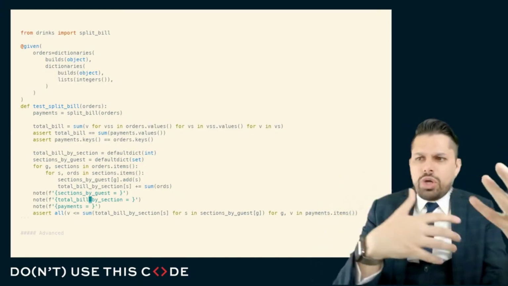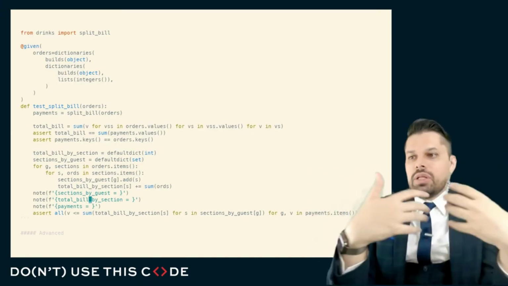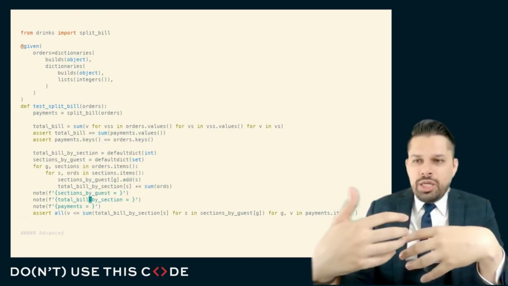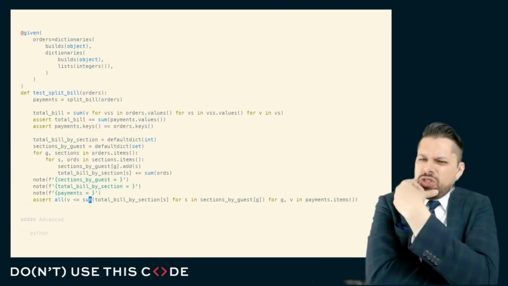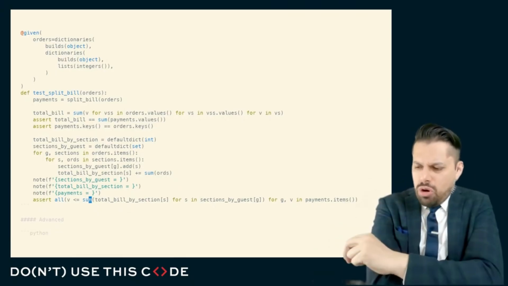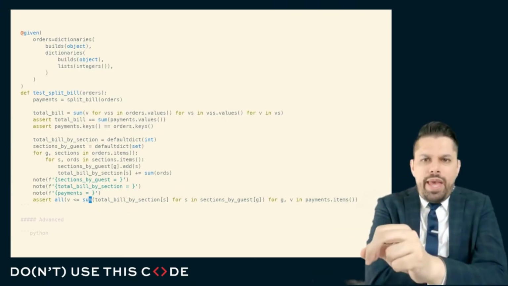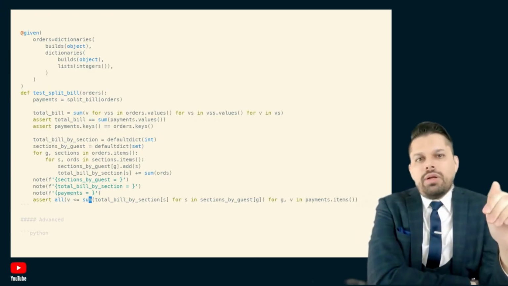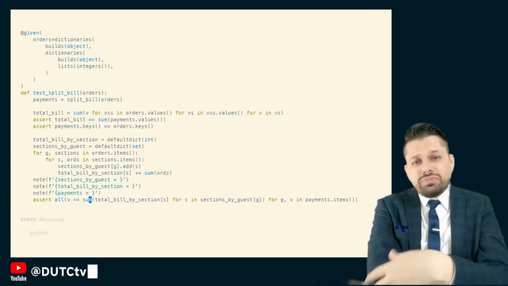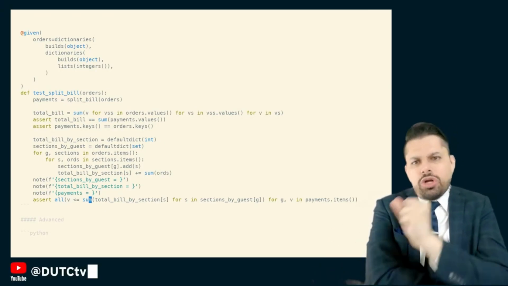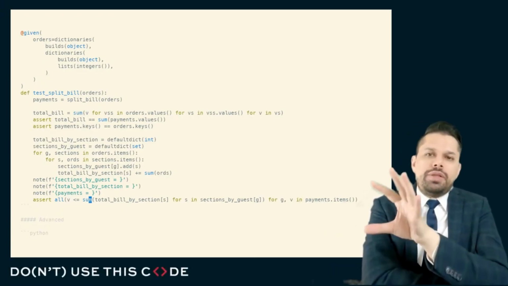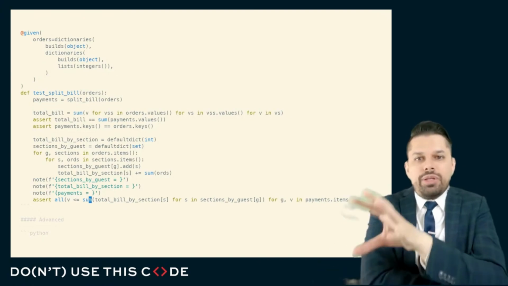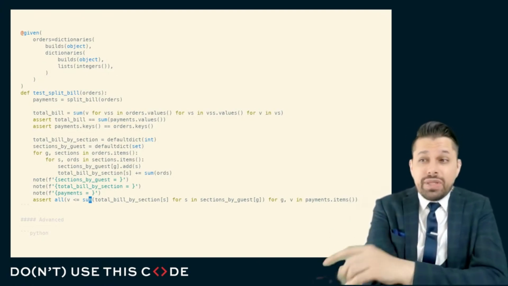They'll compute the total bill by each section of the bill. They'll compute which guest is in each section. And they might have a much weaker constraint where they say, you know what, just make sure that no guests pay more than the total that they would pay across all the sections they were present for. And so this at least makes sure that Charlie isn't given the entirety of the bill, but it doesn't quite make sure that Charlie only pays the portions of the bill that Charlie was present for.